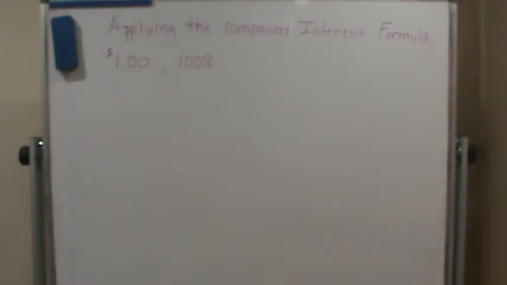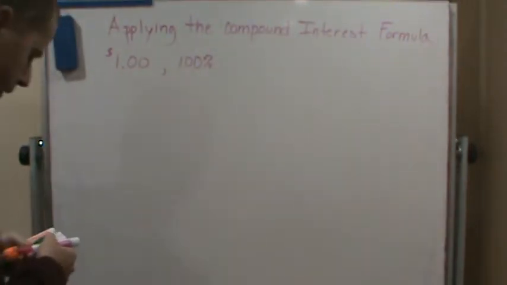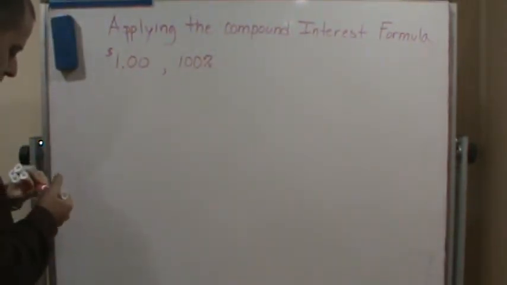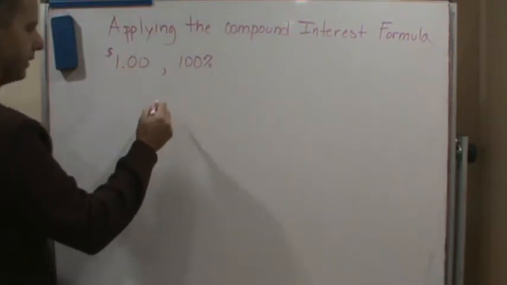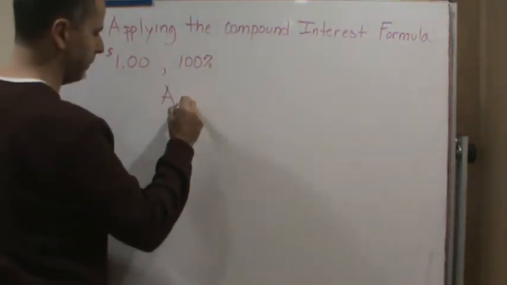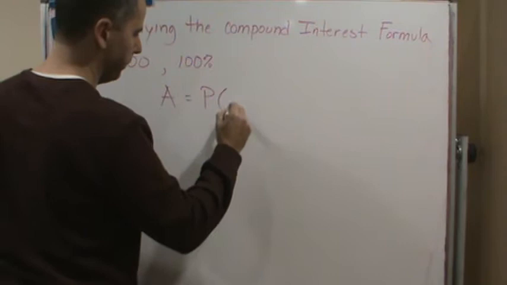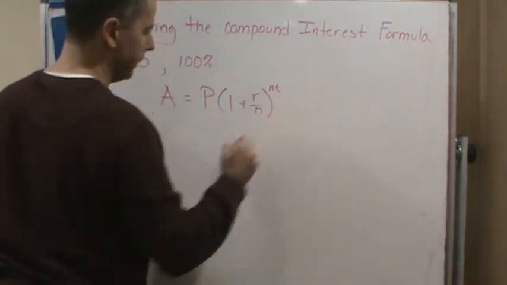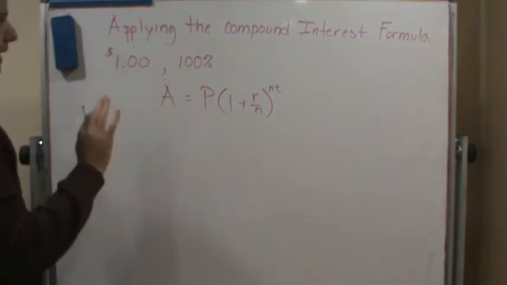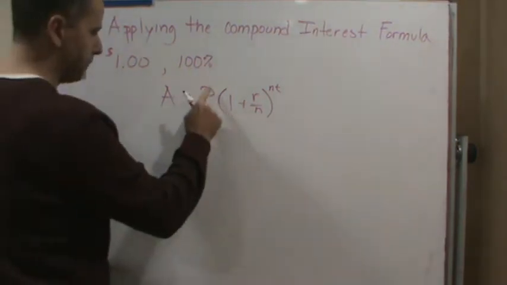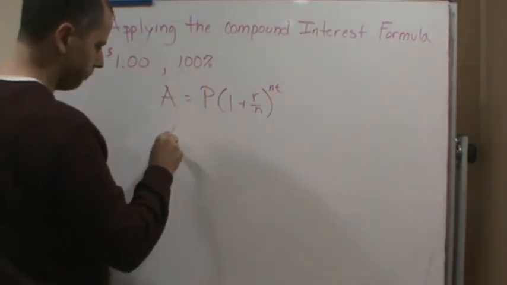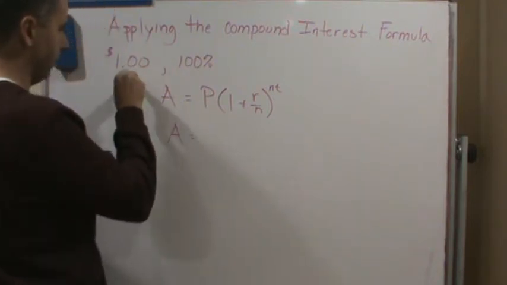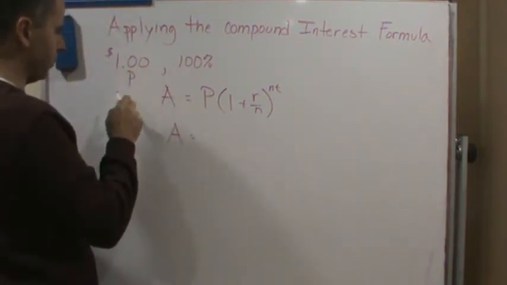We want to do it just over a 1 year period. If we take our interest-bearing formula, A equals P times (1 plus r over n) to the nt, we're taking $1, so P equals 1.